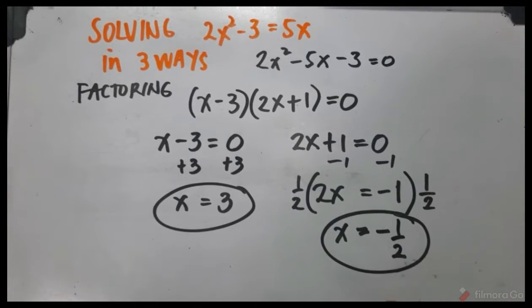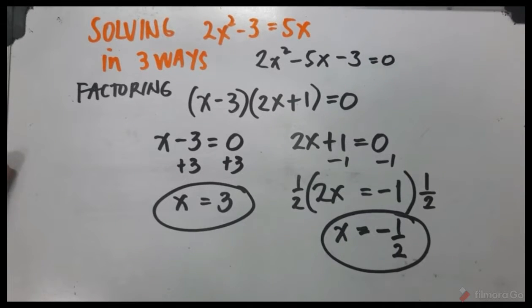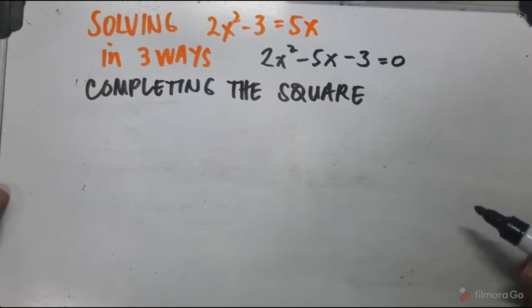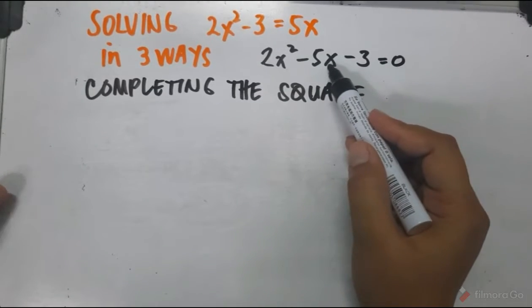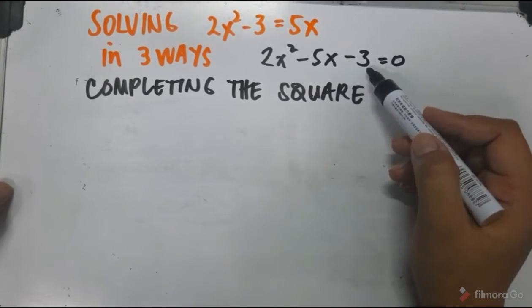Next, we will try to solve the same given using completing the square. The first step is to write all the values with variables on the left hand side, where the constant should be on the right side.